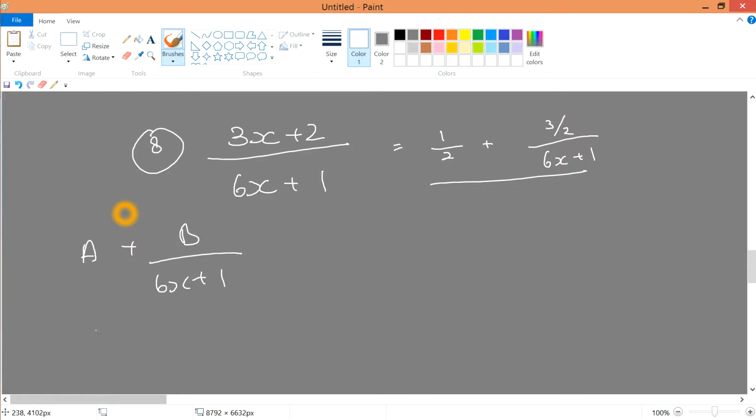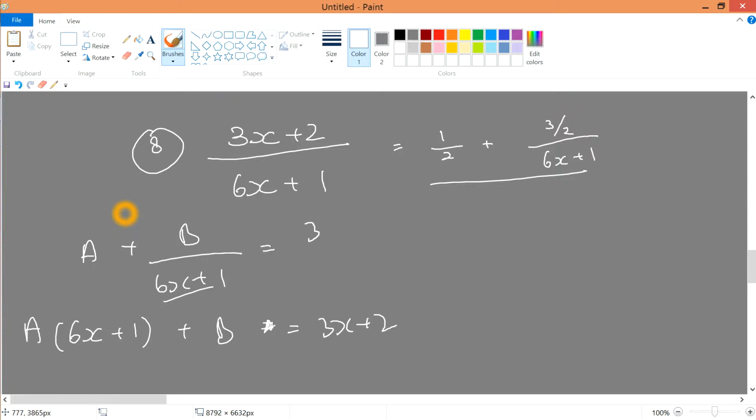Alright, let's go. What we can do is multiply the whole system by 6x plus 1. If you do that, I will have 6x plus 1 times a plus b equals 3x plus 2, sorry.